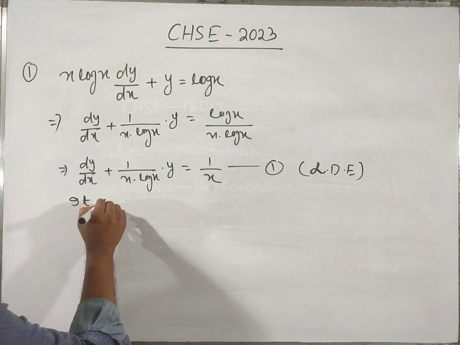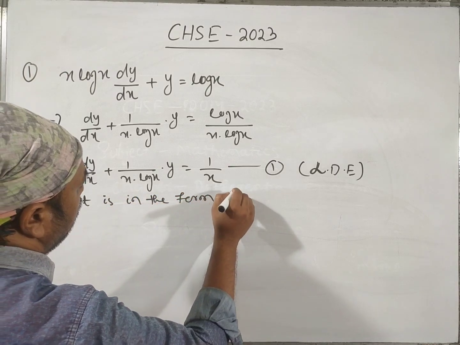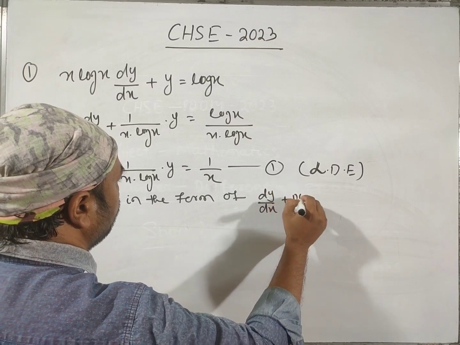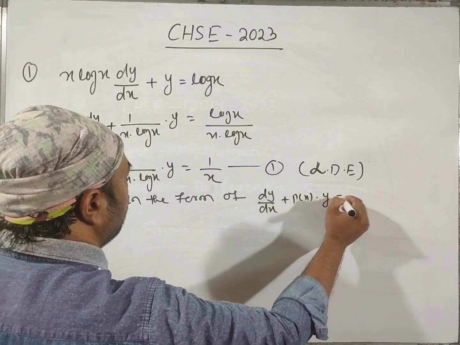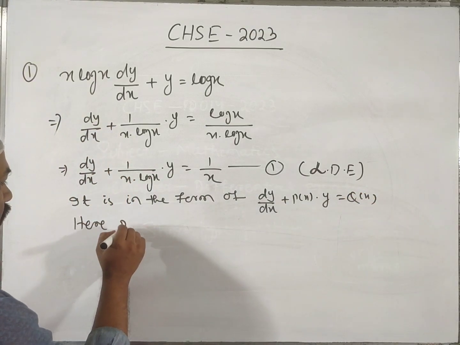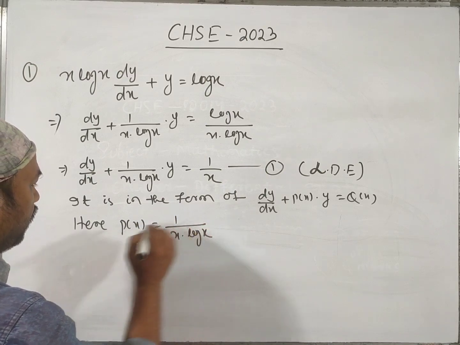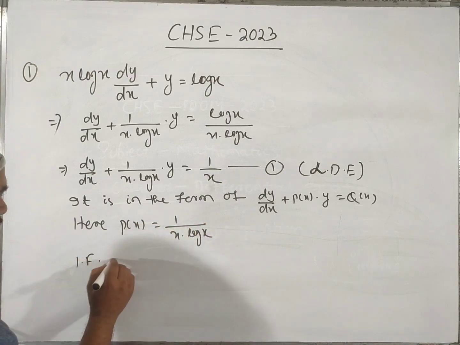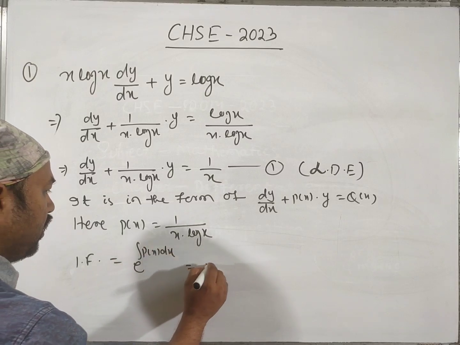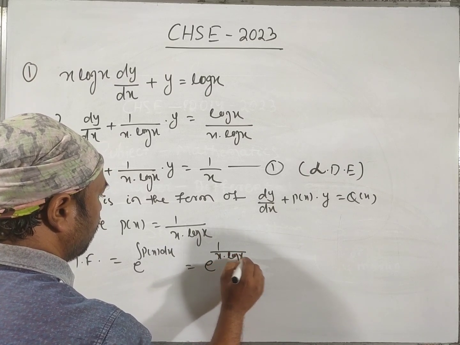It is in the form dy upon dx plus p of x into y is equal to q of x. Here p of x is equal to 1 upon x log x. So the integrating factor will be e to the power integral of p of x dx. It will be the integral of 1 upon x log x.